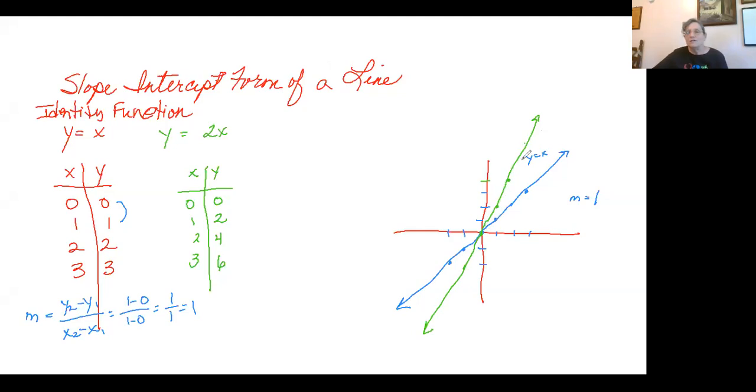So notice that this is a much steeper line because each y value is double the x value. So it's going to go up twice as fast as it goes over.